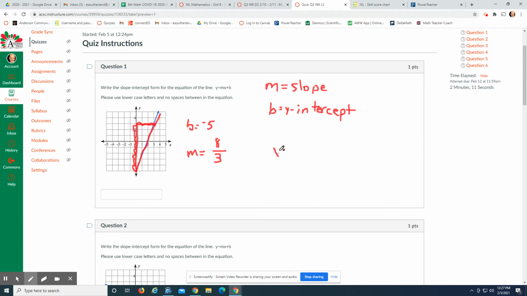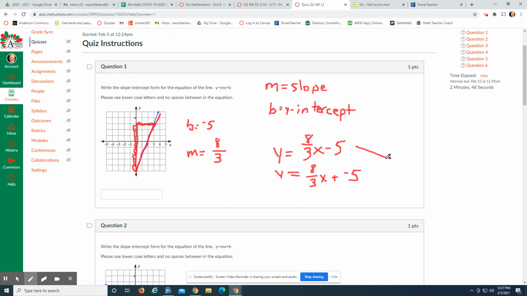So the equation I'm looking for is y equals 8 over 3 x, and then minus 5. Now you might be saying, Mr. Sutherland, it says y equals mx plus b. Well, y equals 8 over 3x plus -5.